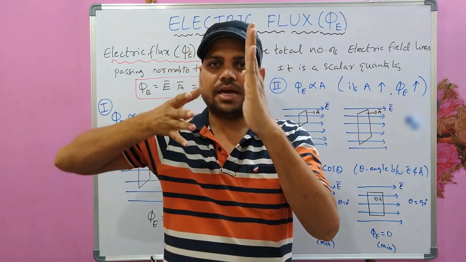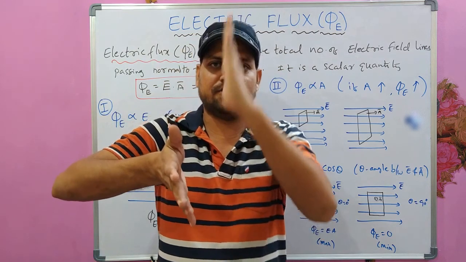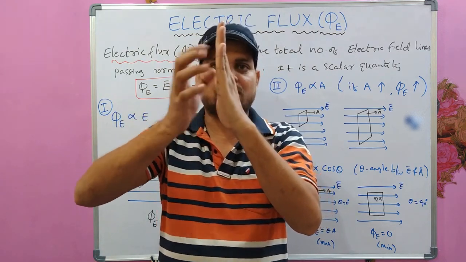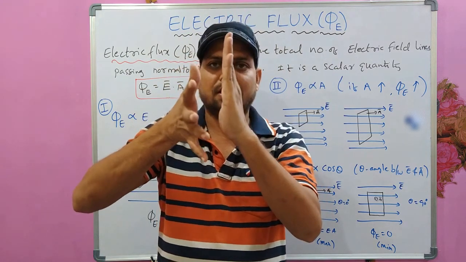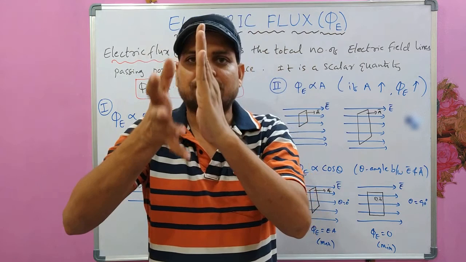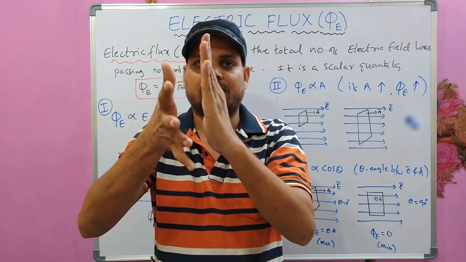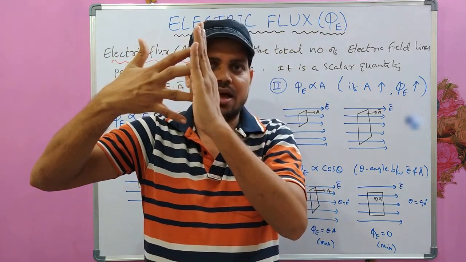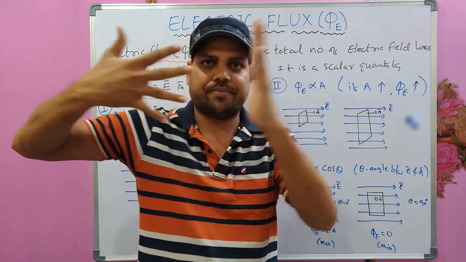If my surface is in this way and the electric field lines going in this way are not crossing the surface perpendicular to the plane of this surface, they are not counted as electric flux. The flux is only due to the electric field lines crossing the plane surface perpendicularly in this way.